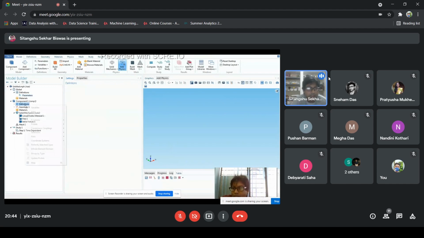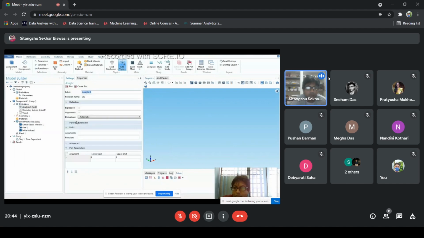Then we go to the definition, and here we are going to define the forcing function. Just to give the name, I have given the name as forcing function. We know what the forcing function is, that is F0. We have already learned it. It is a symbol I have given as F0, and the expression I have given arbitrarily is 10 sine 5t.